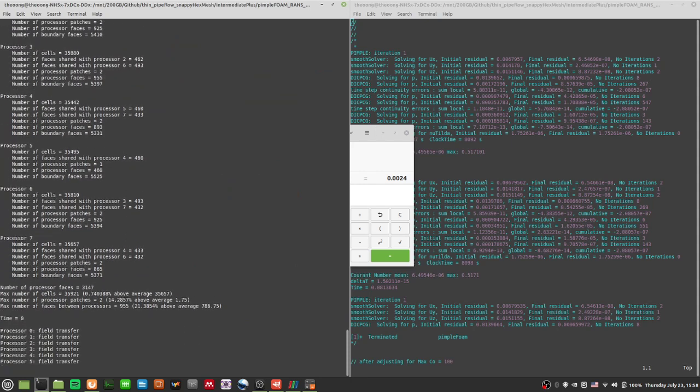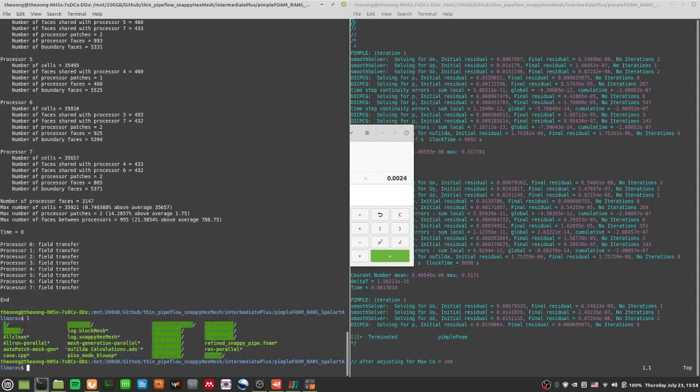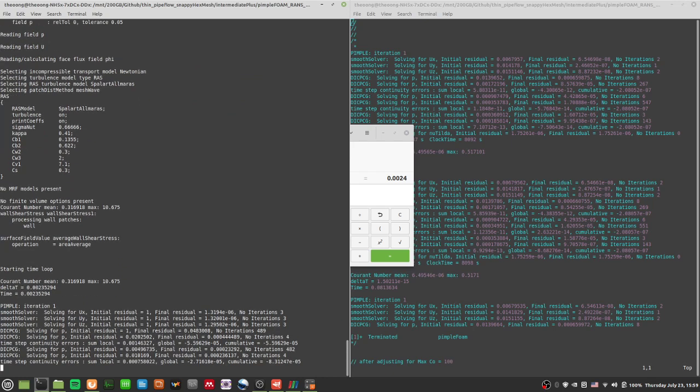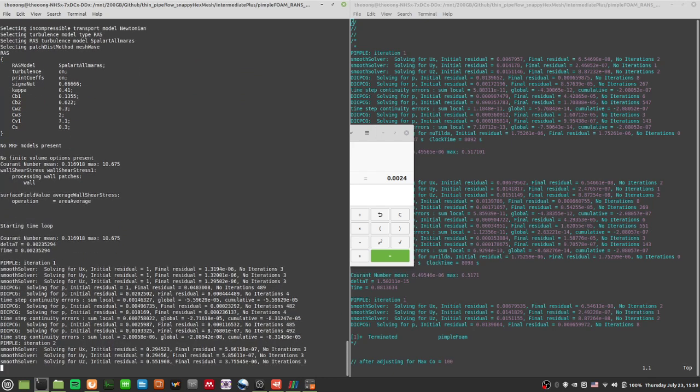Okay, so let's do 8 processes. To start running we just do mpirun with the number of processes being 8, and then we do the OpenFOAM solver with parallel, and we let it run in the background. This is going to start, and it's going to be a lot faster.